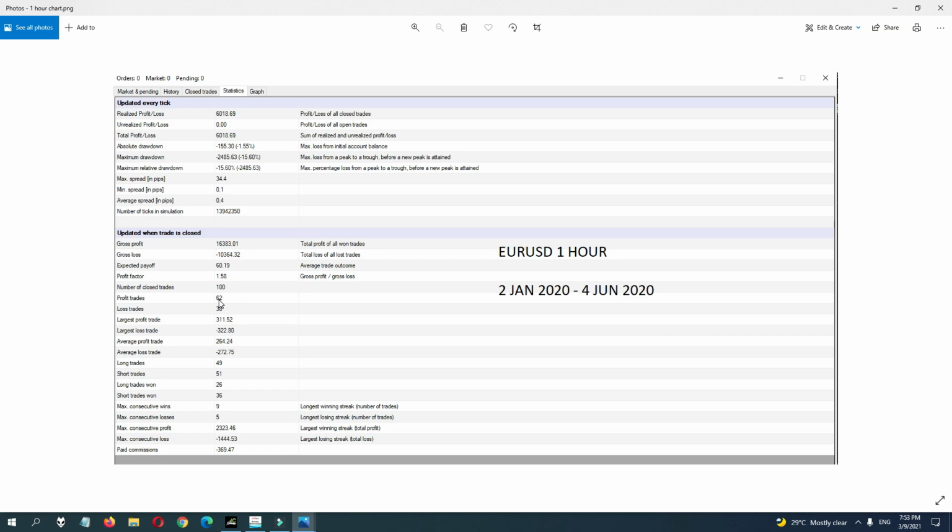We have 62 profit trades and 38 losses. It's more than 60%, so that means we have an edge. It's not some random thing. Max consecutive wins 9, max consecutive losses 5, and this includes spread and commission as well.